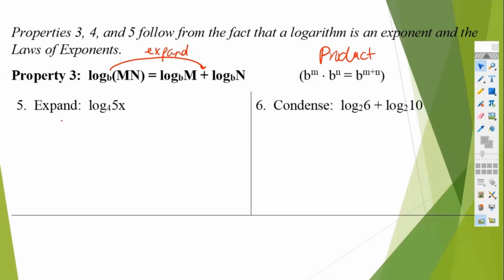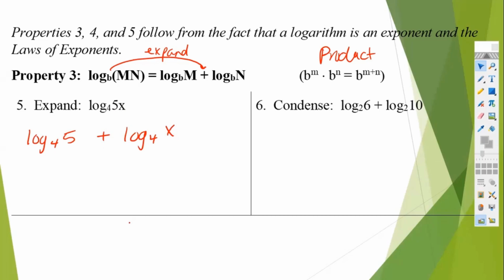So let's look at this example. We have log base 4 of 5 times x. How can I expand this? Okay, log base 4. Say it again. 5. Perfect. Plus log base 4 of x.